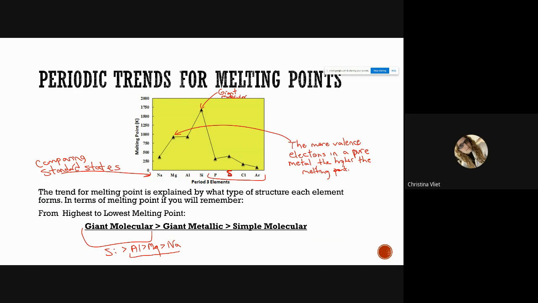So how do these elements naturally occur on planet Earth? Sodium occurs as what? Na, solid. So you may want to write that down somewhere. Magnesium exists as what? Mg. Solid as well. Do you agree? What does aluminum exist as? What's the standard state of aluminum? Solid. Yeah. What about silicon?